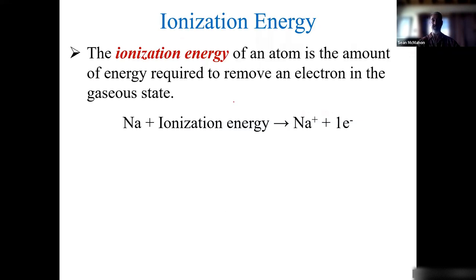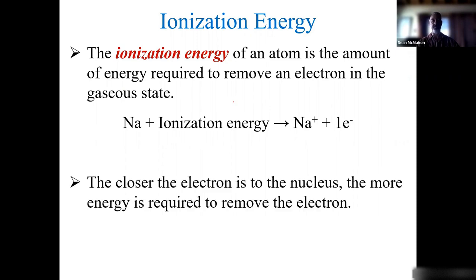What's another trend? Ionization energy, the amount of energy required to remove an electron. So the closer the electron is to the nucleus, the harder it is to pull away the electron. So obviously smaller atoms, it's harder to remove their electrons because their valence shell is closer to the nucleus.